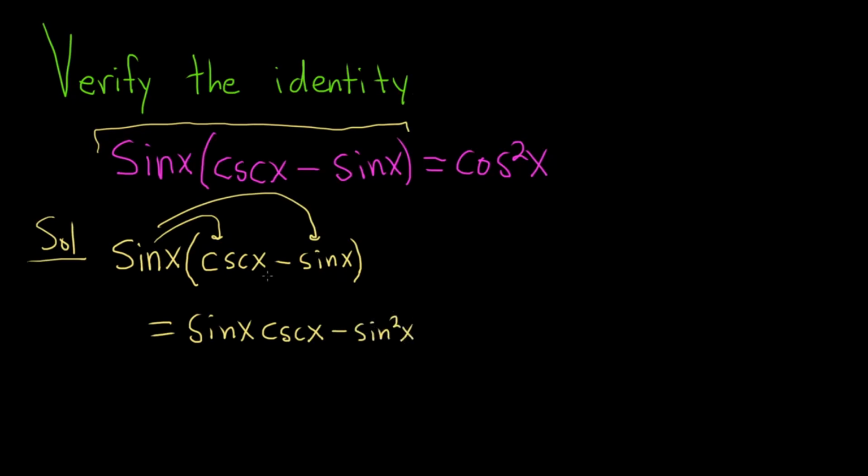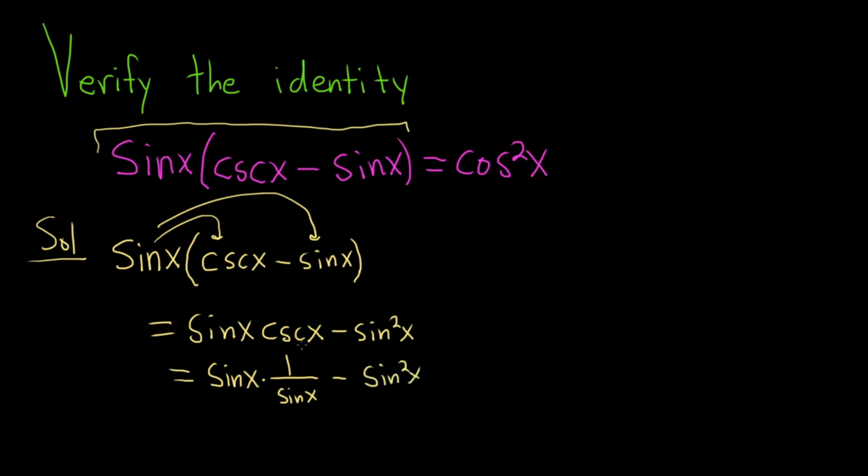Good stuff. Now cosecant is equal to 1 over sine, so let's go ahead and rewrite that. So sine x times 1 over the sine function, minus sine squared.